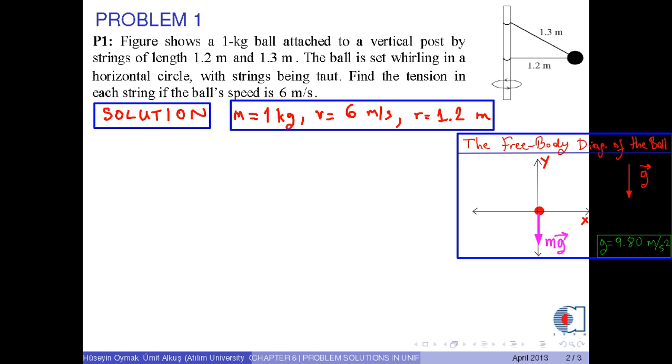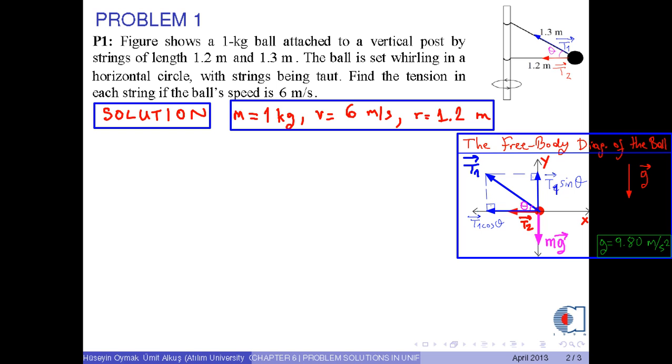The tension forces on the ball, say T1 and T2, are drawn like these. And angle theta goes here. Then it is convenient to decompose vector T1 onto the x and y axis like this.